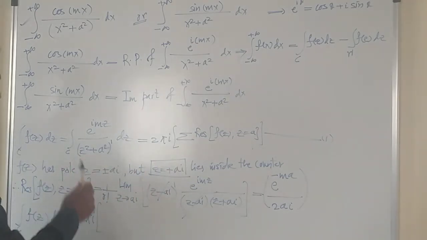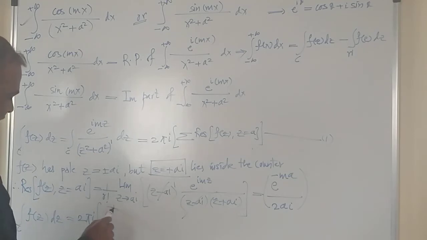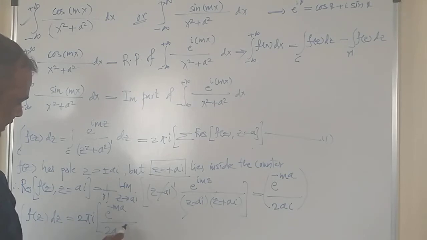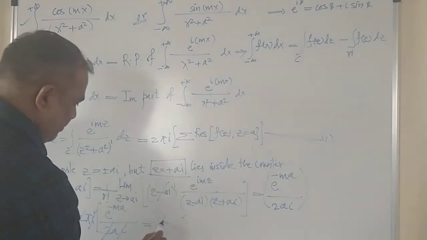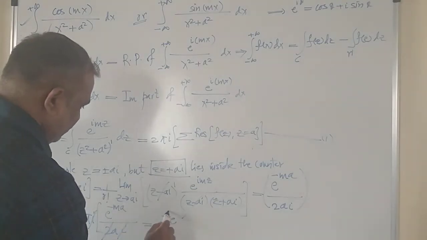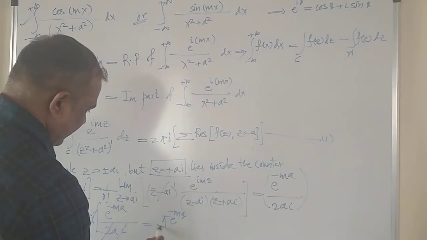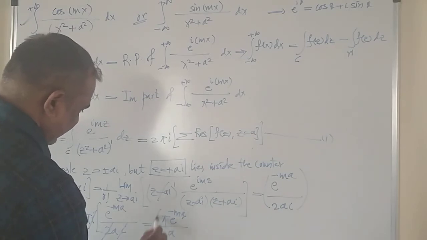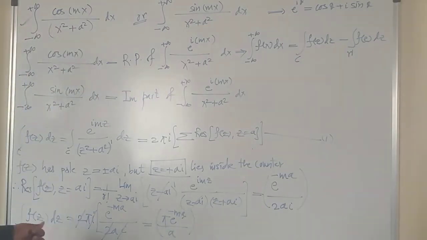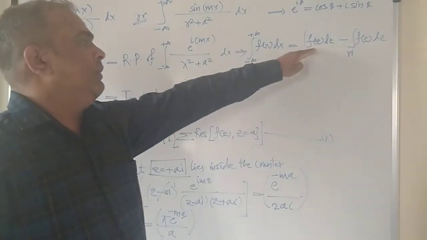There is a single residue only, so e raised to minus m a divided by 2ai. Now this i and this 2 get cancelled, and you will be left only with pi e raised to minus m a divided by a, right?